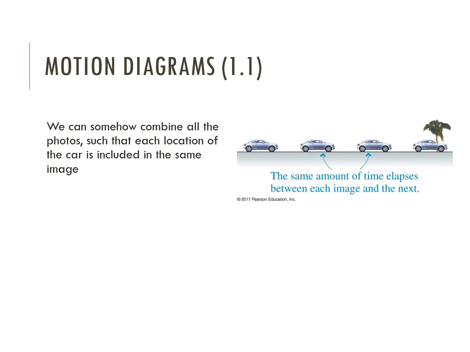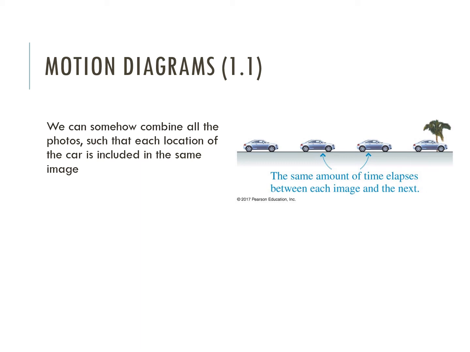So what we want is to show how the car moves over time in the same image. We can use whatever program of our choice. You can use Paint, Photoshop, GIMP, any editing tool you want to combine them all together. So now we have all the cars in the same image.